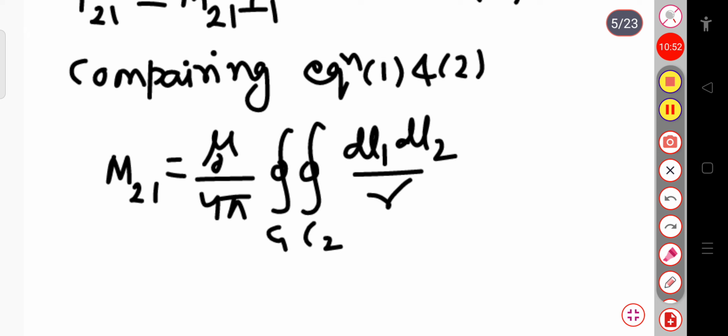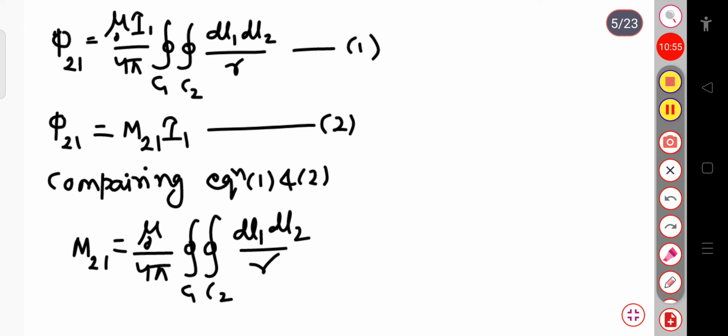So now you can see, if I compare these two equations, the value of M21 will be equal to mu naught by 4 pi integration over C1 integration over C2 into dl1 dl2 divided by r.